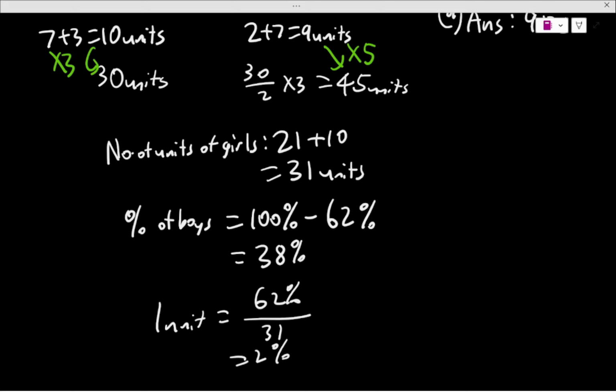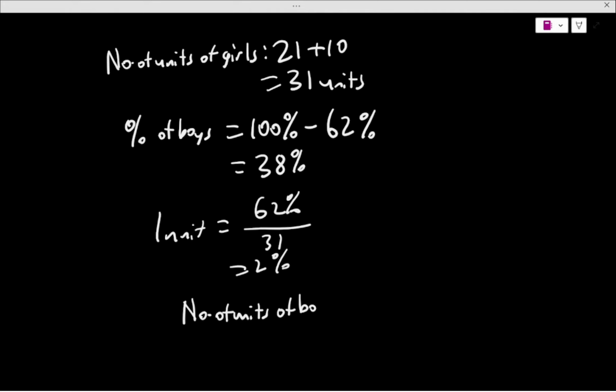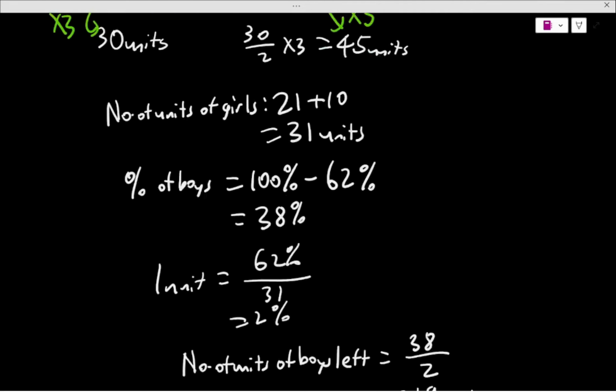So the number of units of boys left is going to be 38 divided by 2, which is 19. So there are 19 units of boys left.